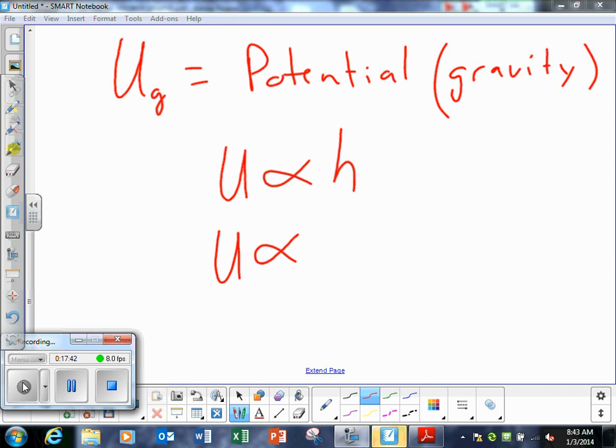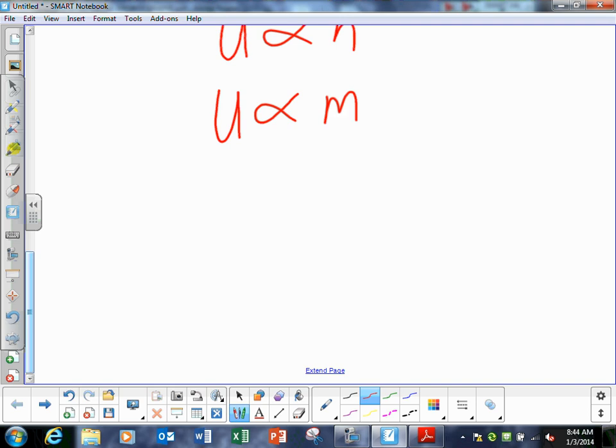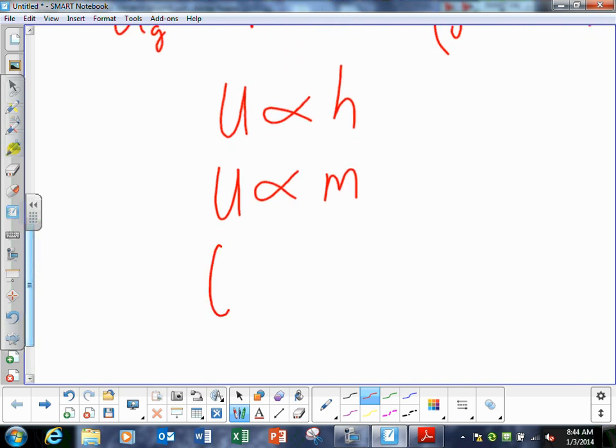Bowling ball, directly related to mass. How about if I drop a baseball on the moon versus a baseball on the earth? Which one's going to take more energy to stop? Earth, because the little g up there is like a sixth or something like that, right? There's less acceleration because there's less pull due to gravity. So we can say that it's directly related to g too.